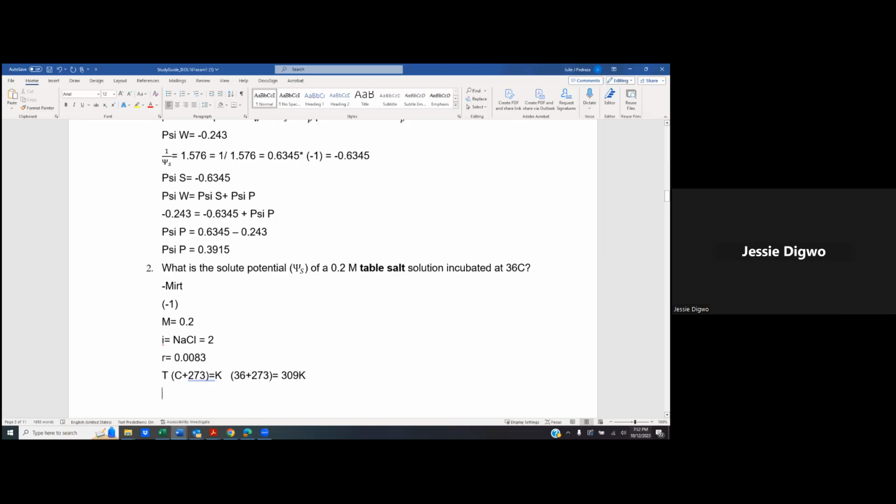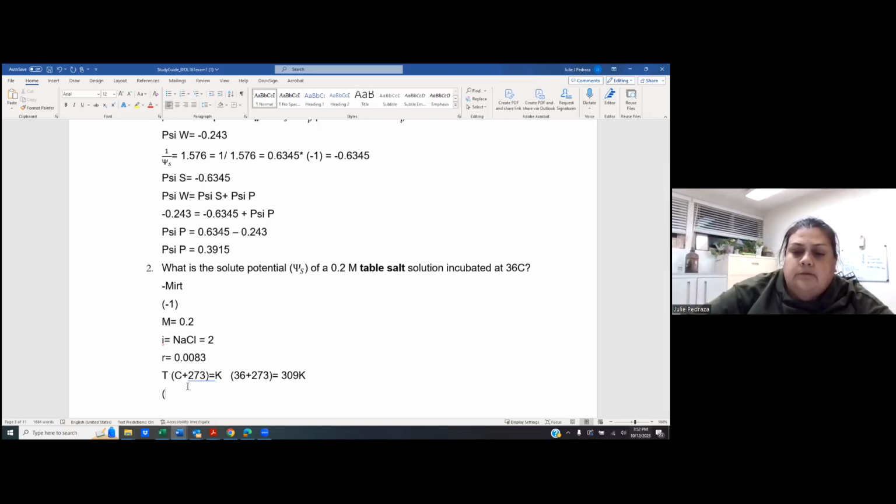And now we just plug it in. Negative 1, so we don't forget that negative up front, right? The M, the ionization. Remember, I told you people forget that. The gas constant and our temperature.